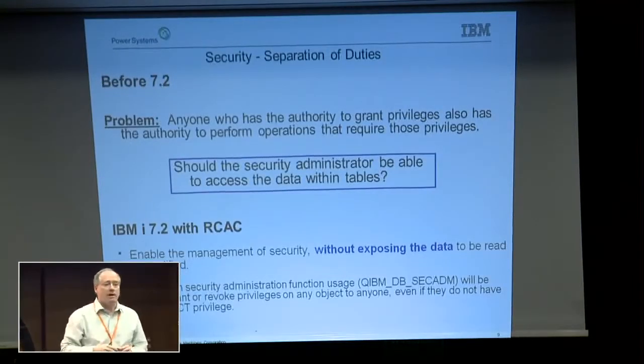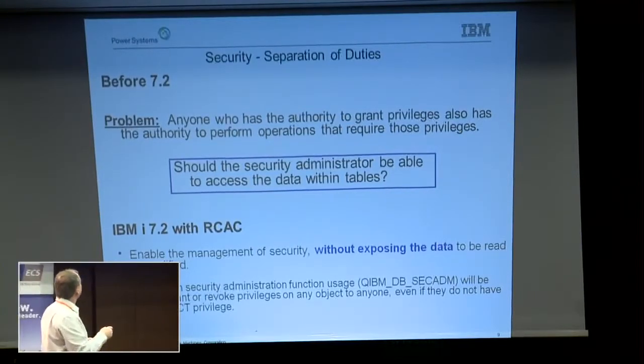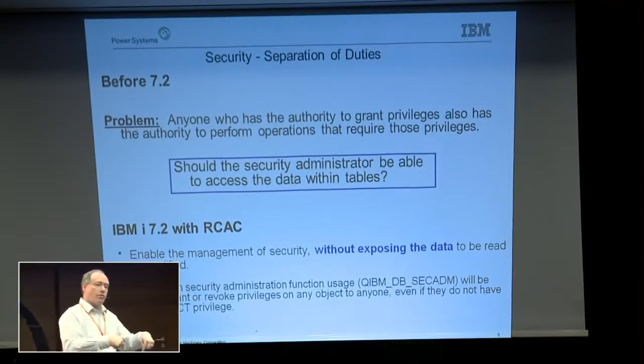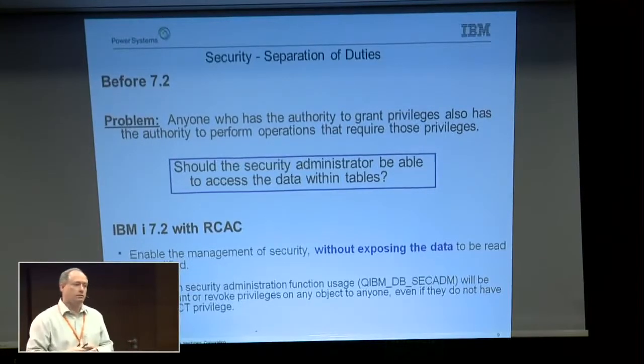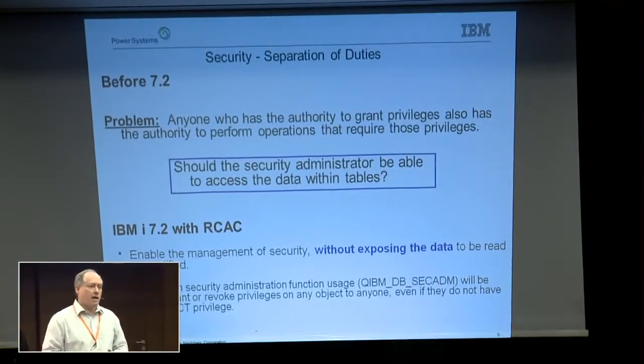Let's talk about separation of duty. Today, if you have authority to an object, let's say you're a security officer, you have all object authority, right? That means you have access to all the data in all those objects.